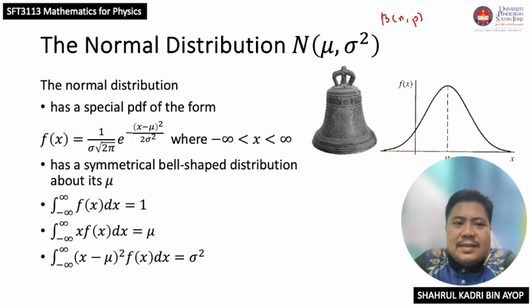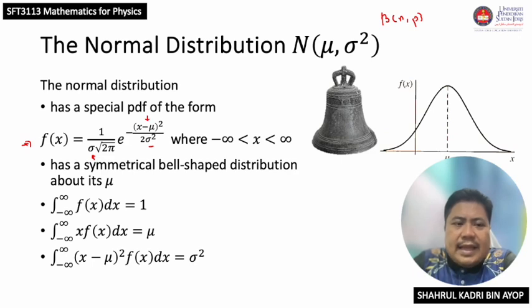The normal distribution has a special probability density function of this form. So the PDF of the normal distribution is given in this form, where we can see sigma is the standard deviation, sigma squared is the variance, and mu is the mean.